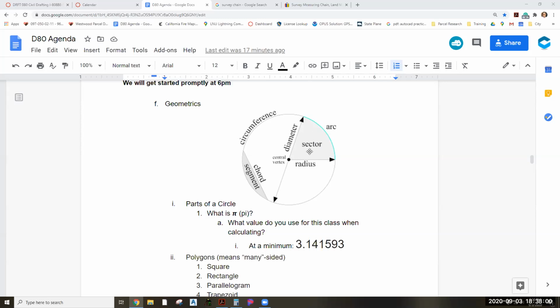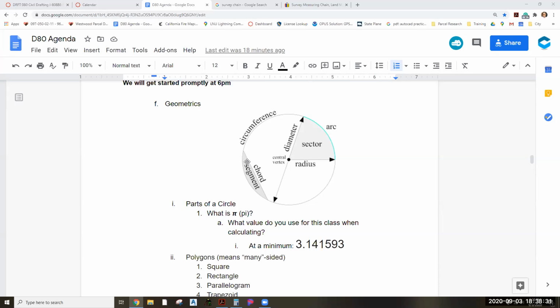So this can be an area, a portion of the circle. Diameter is 2 times the radius. If you visualize the radius here and the radius here, that would be 2 radii. So 2 radii is 1 diameter of a circle. The chord is from one point of the circle to another point of the circle drawn in a straight line.